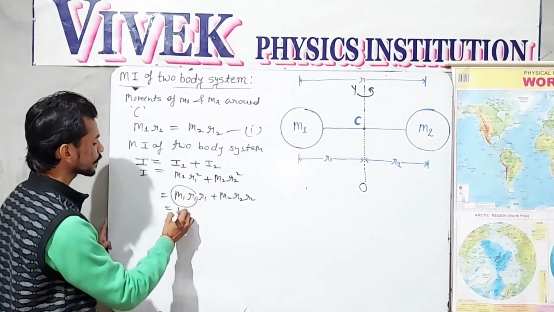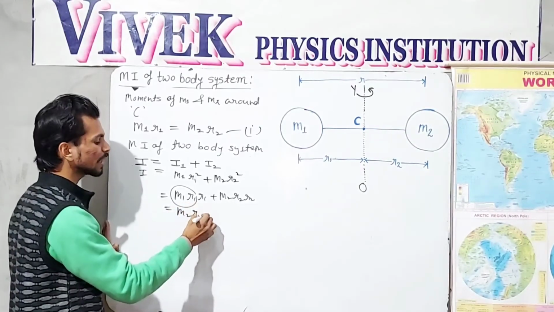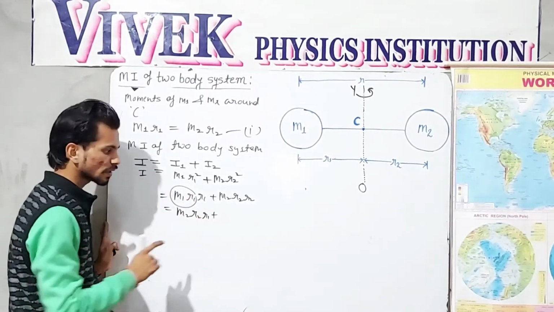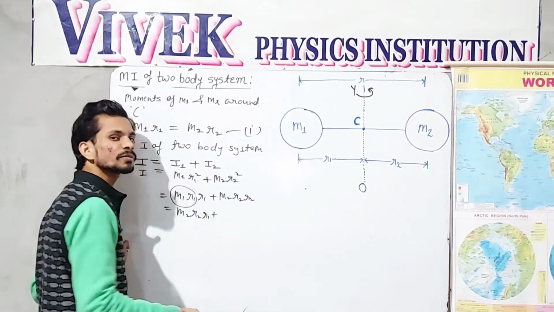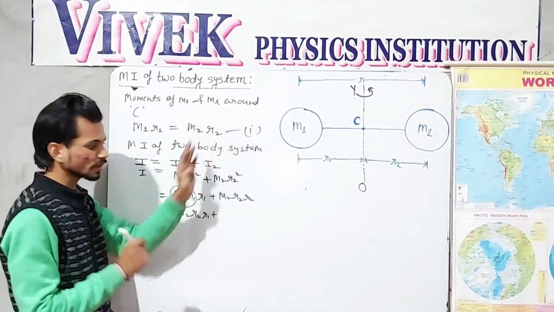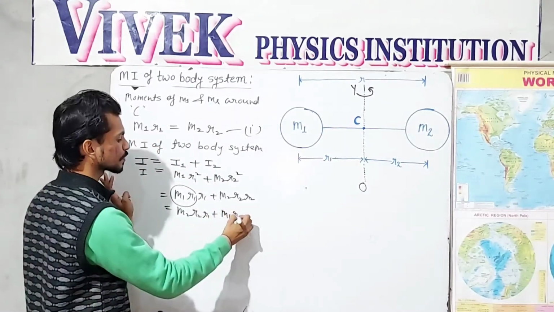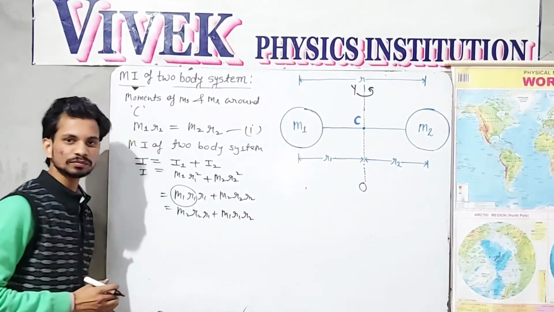So I am putting m2 r2 in place of m1 r1, and it is multiplied with r1. Plus m2 r2 can also be exchanged by m1 r1 from equation number 1. So m2 r2 is replaced by m1 r1, and this is r2.